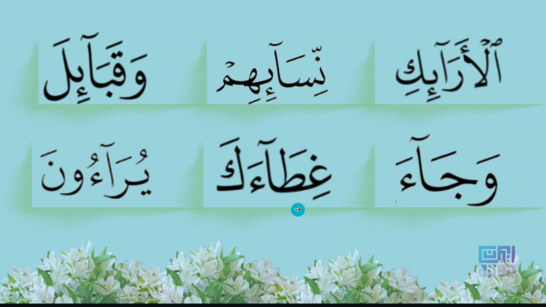Let's continue. Ghain kasra, ghi, ghi. Ta fatha, ta, ghita. But we have an alif after it, the hamza. It's going to be ta'a. Let's connect. Ghita'a. And then kaf, fatha, ka.